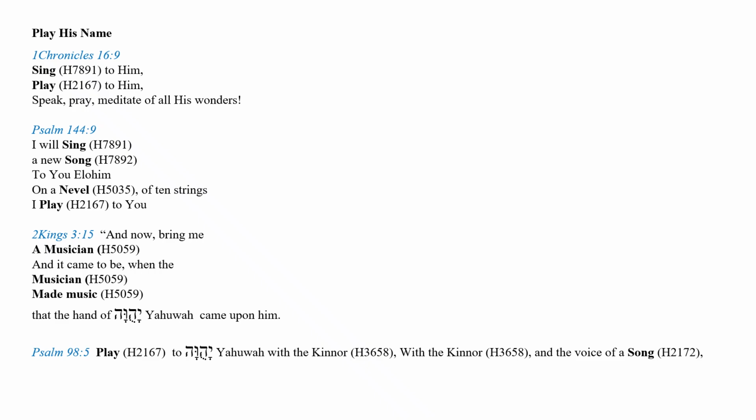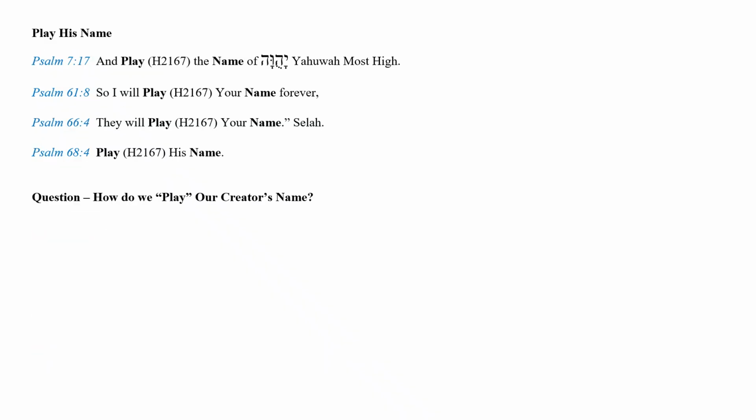On a nevel of 10 strings I play to you. And now bring me a musician. And it came to be, when the musician made music, that the hand of Yahuwah came upon him. Play to Yahuwah with the kinnor in the voice of a song. Play the name, play your name, play his name.